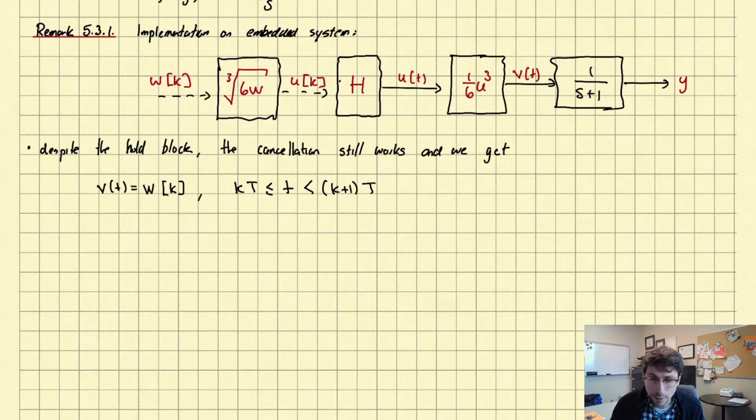This nonlinearity, the 1/6 over u cubed, doesn't depend on previous values of the input. It's a static nonlinearity, and it's because of that that we get this equality over the sample period.